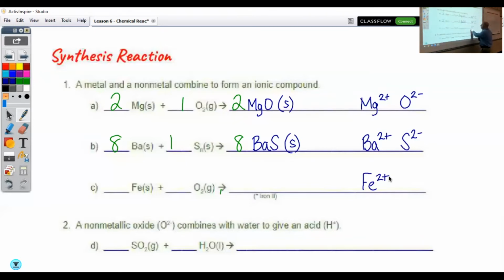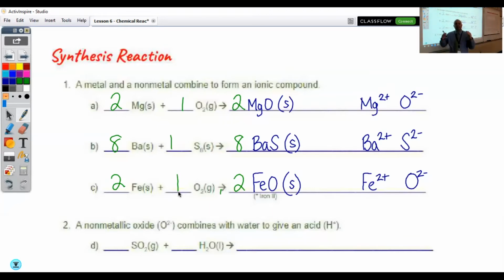So it's telling us to use the +2 charge. Oxygen, just like we saw up here, is a -2 charge. So when we put these 2 together, once again, we'll get FeO. Once again, it'll be a solid. And then balancing this, we'll have to put a 2 here in front of FeO and then another 2 in front of iron, and we'll end up with just a 1 in front of the oxygen.